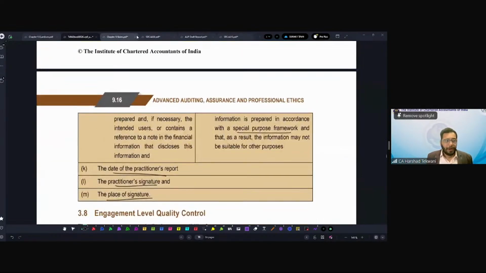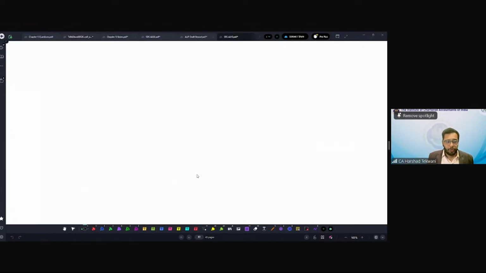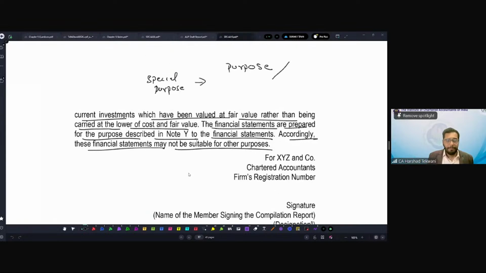And this may not be suitable for other purposes. So this attention has been drawn over here. Over here, you have the purpose and the attention, both specified in this paragraph.